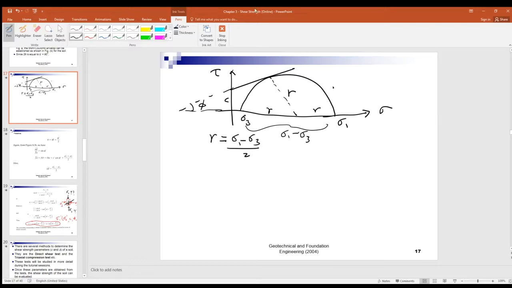And then we consider this right angle triangle.